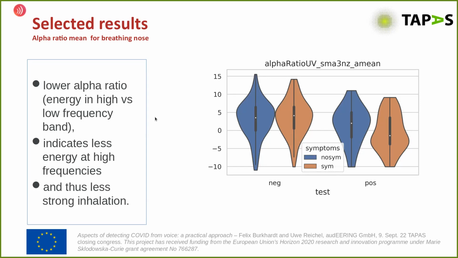And with respect to the lower alpha ratio, for the breathing sound through the nose, it was lower for people who were tested Corona positive, COVID positive, and that indicates less energy at high frequencies. So we suppose it might be due to less strong inhalation.